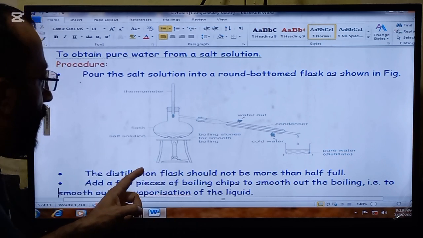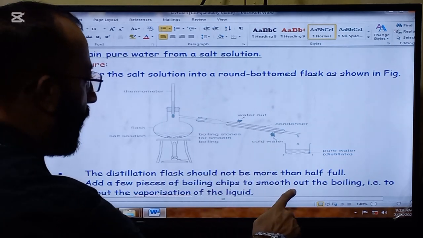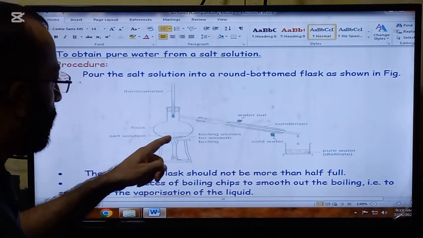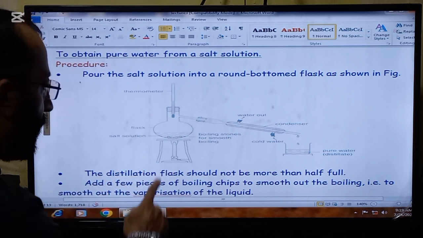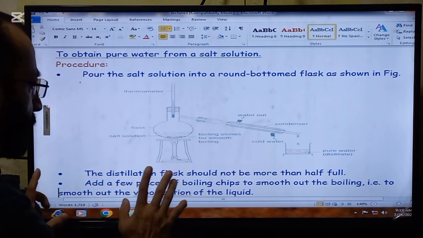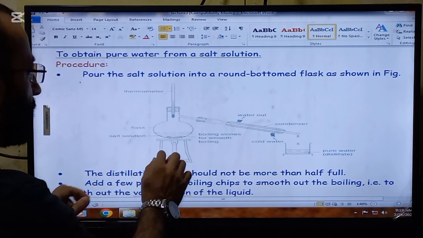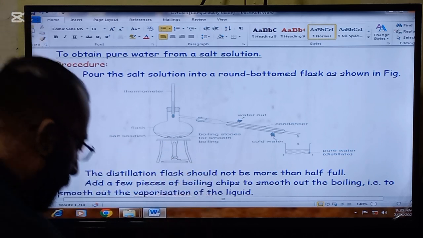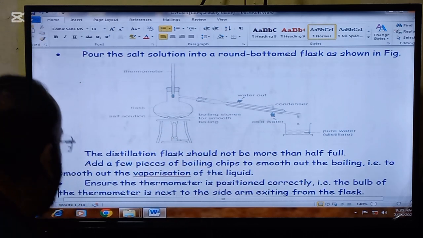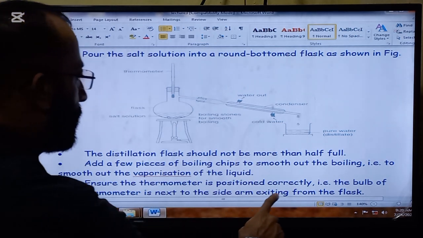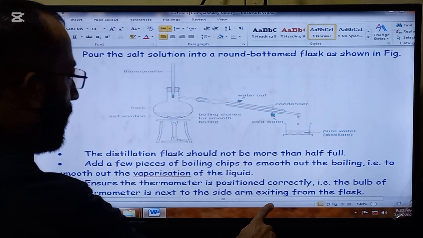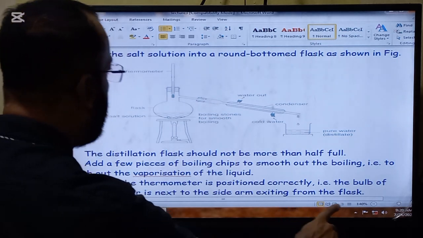Another very important point that we have noted here: boil or heat the contents of the flask with a low flame so that the heat is not concentrated at one point and is distributed uniformly. Ensure that the thermometer is positioned correctly, so that the bulb of the thermometer is next to the side arm exiting from the flask.